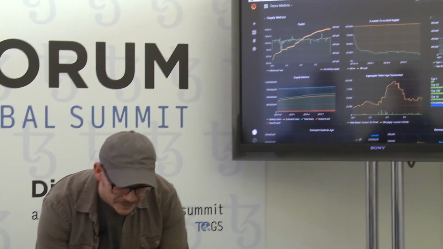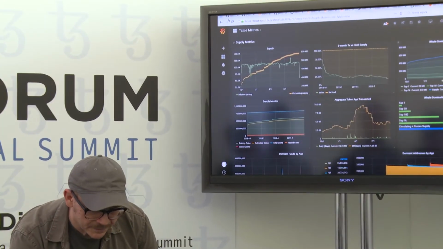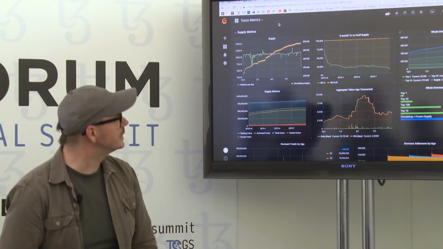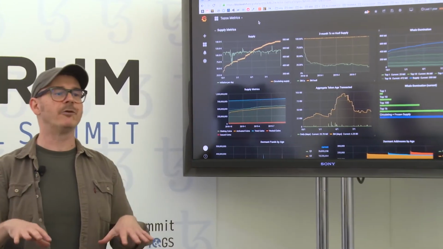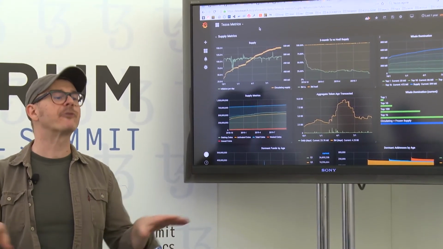Oh, so yeah, there is some insights. So this is a Grafana dashboard that looks into the raw data of the database. That's different from the Block Explorer.